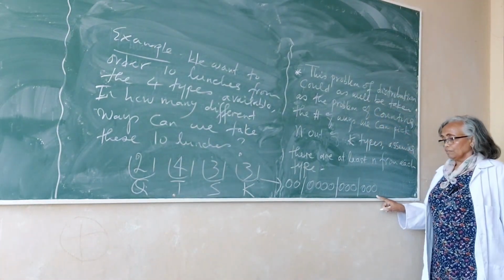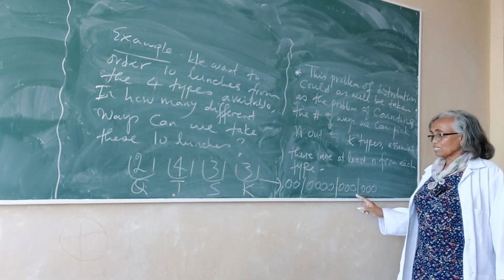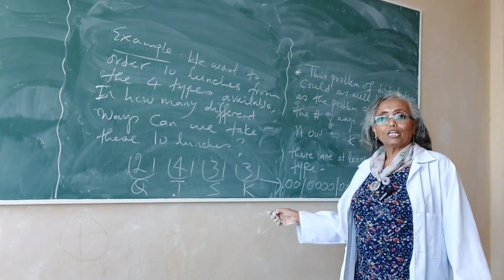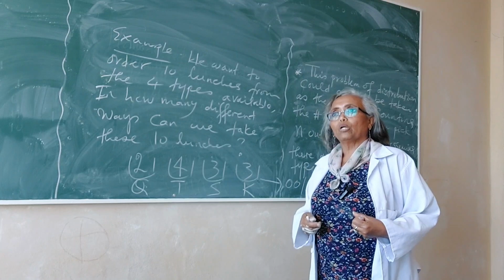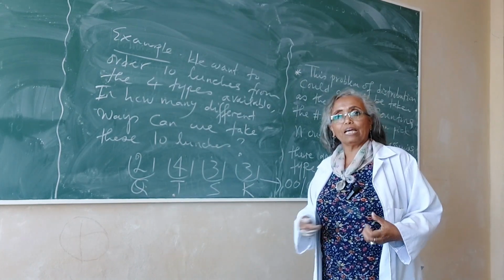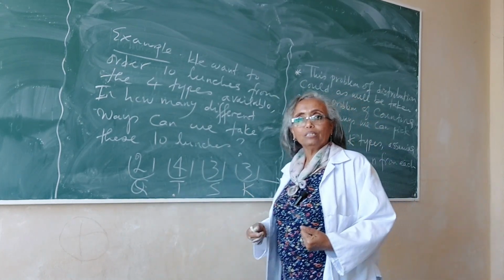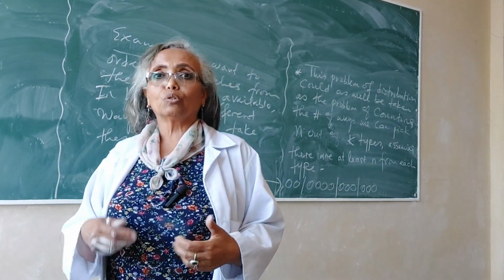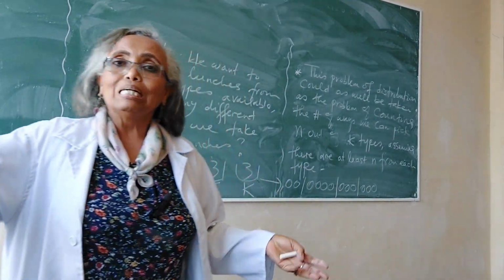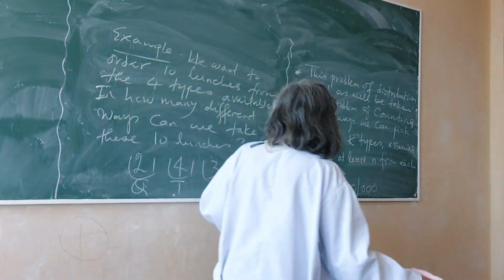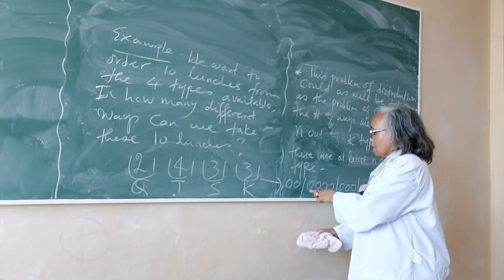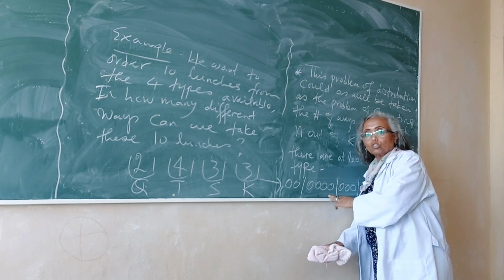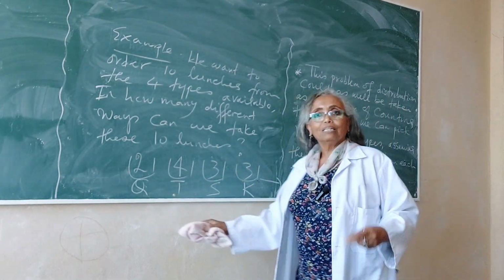See, I can use a similar code in order to count such combinations, in this case combinations with repetition, where some of the items are repeatedly taken. From a distribution, I can have that code, and from this code, I can have back the distribution.